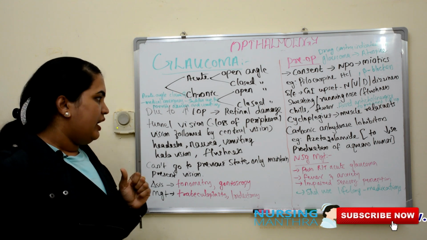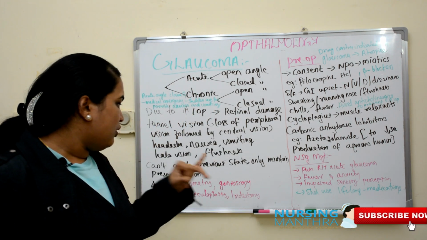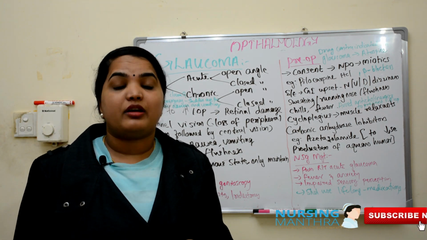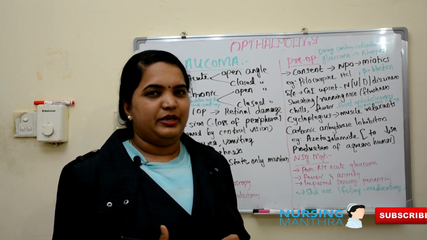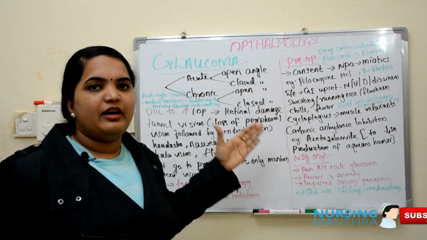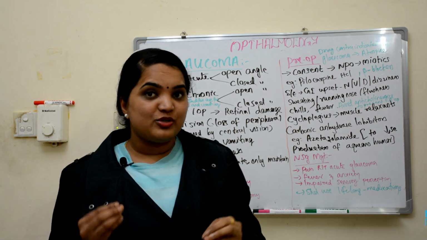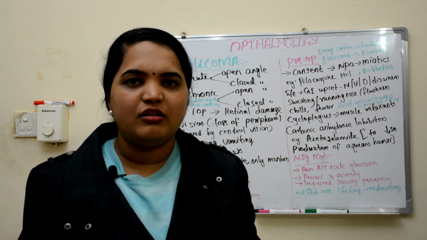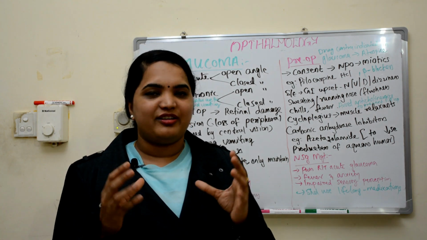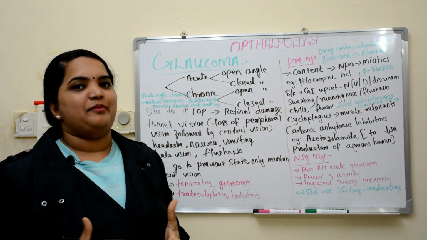We are doing the diagnosis with tonometry and gonioscopy, and the management is trabeculoplasty and iridectomy. The pre-op procedure and the nursing management you have also seen. I hope you understood glaucoma. This is a short crash note related to the Prometric exams.